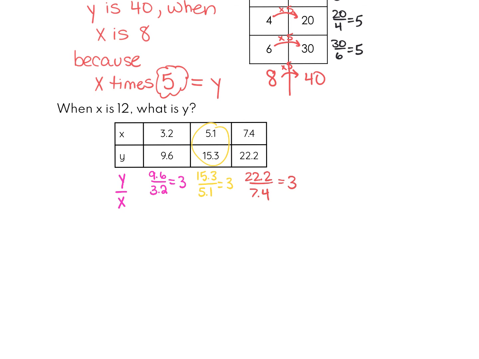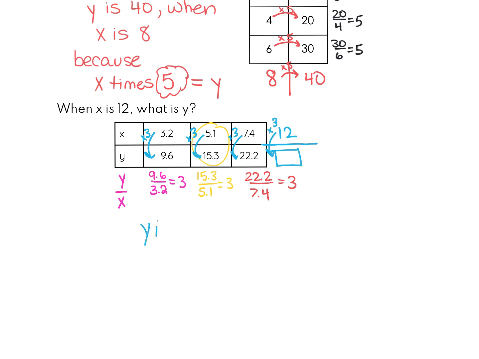Alternatively, what we can say is 3.2 times 3 gives me 9.6. 5.1 times 3 gives me 15.3. 7.4 times 3 gives me 22.2. So now the question is, if x is 12, what is y going to be? Same thing, we're going to multiply by 3.